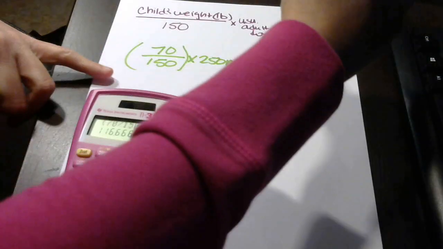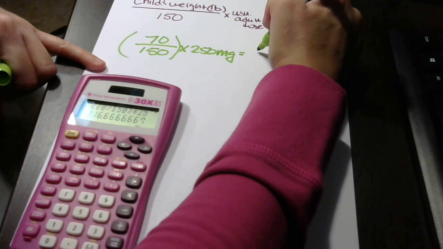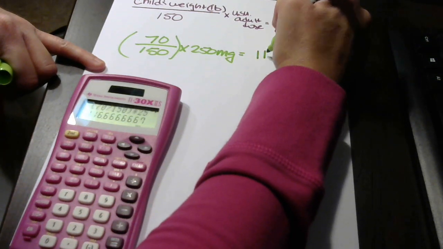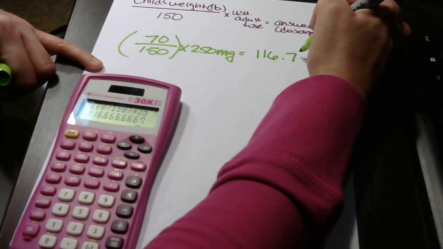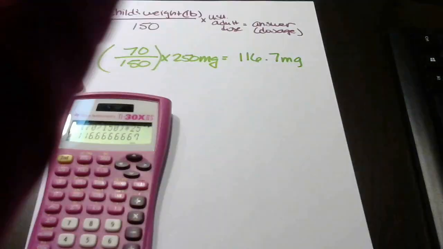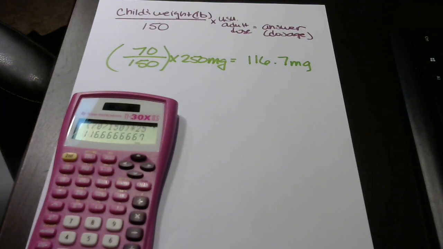So in this case, we're going to round that to 116.7, and that is milligrams. And that would be your answer for the first part of that equation.